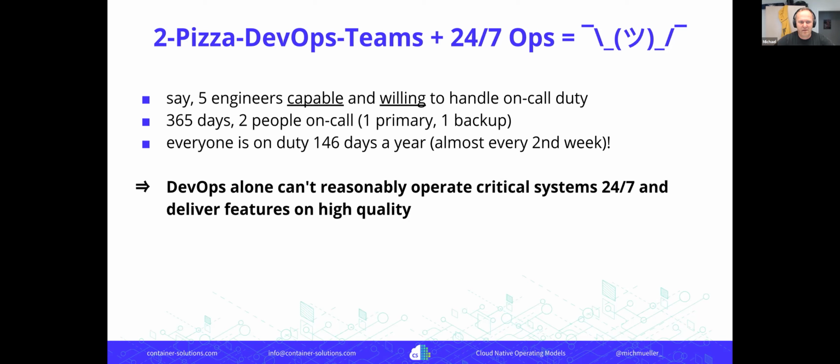That basically means that everyone is on duty 146 days a year, almost every second week. Even though you might not have a lot of alarms, just carrying a phone with you because you're obliged to has an impact on your social life.